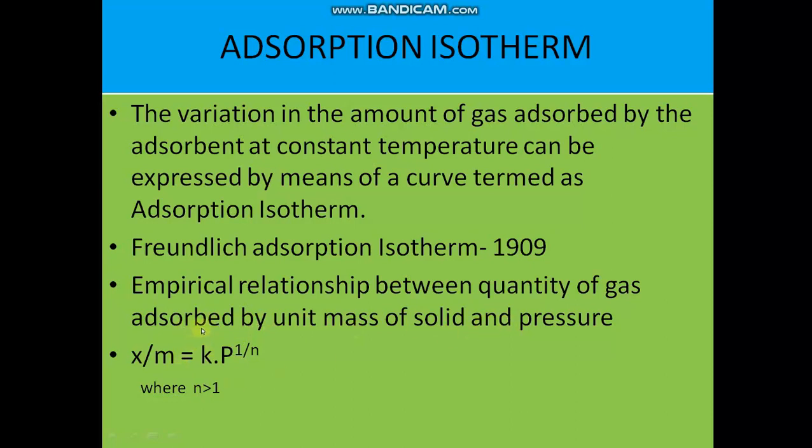The gas adsorbed by unit mass of solid is represented by X upon M, and the pressure is denoted by P. So we get the equation X upon M is equal to K P raised to the power 1 by N, where N is greater than 1.